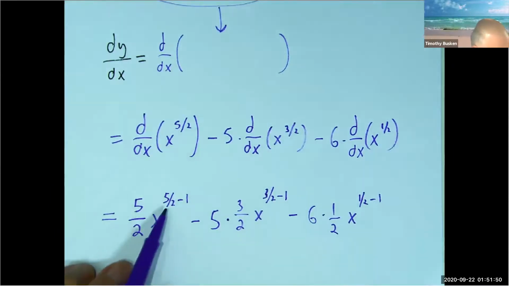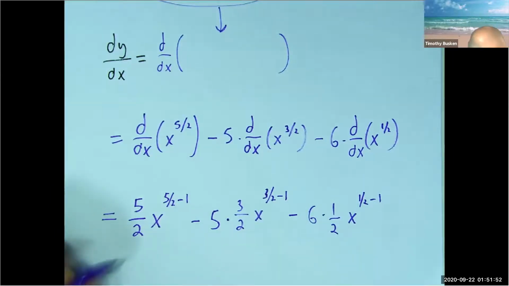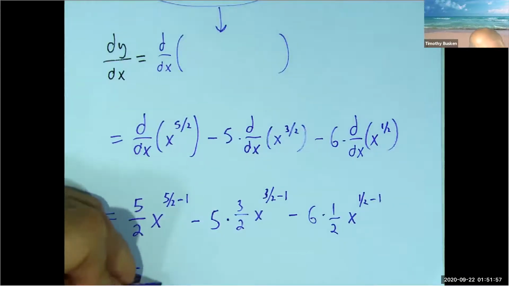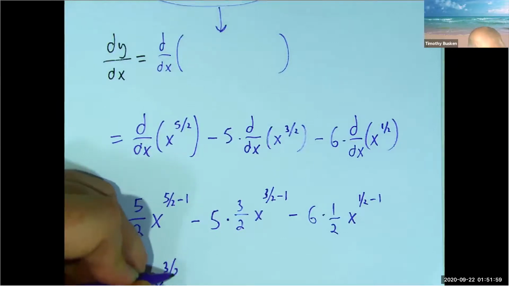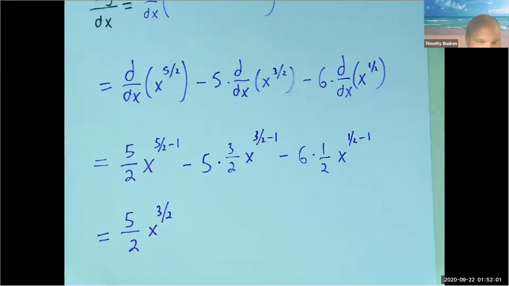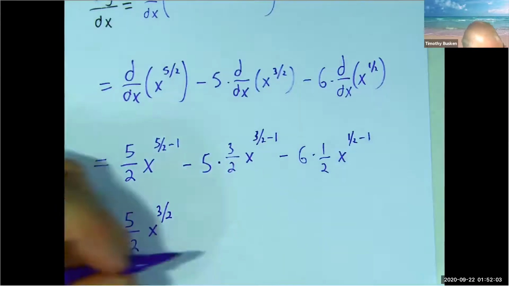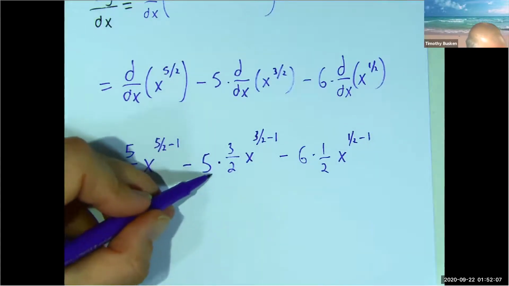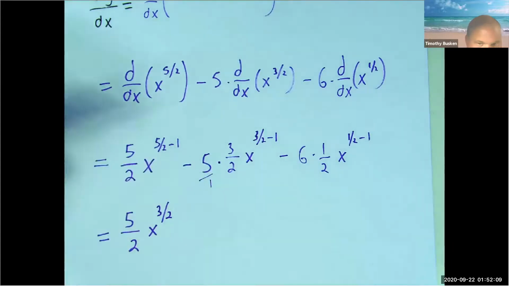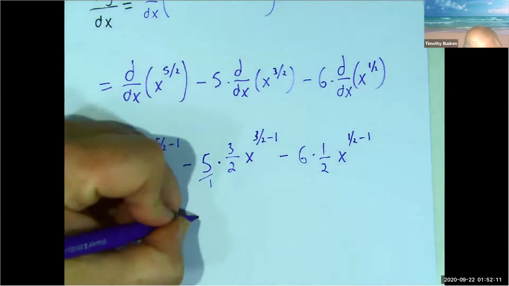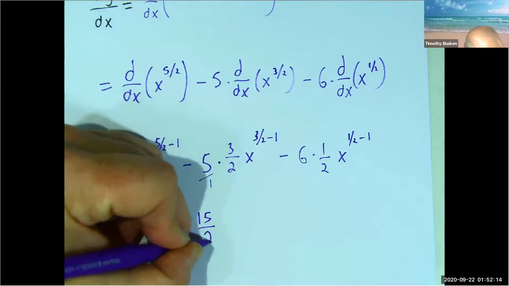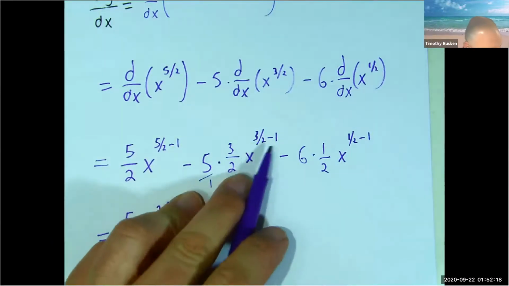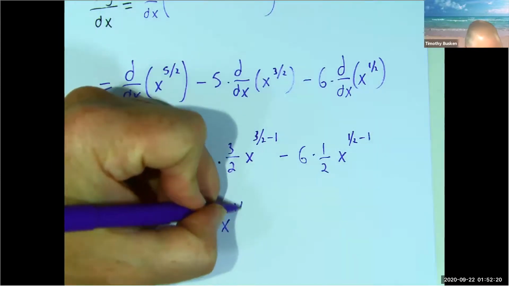Okay, 5/2 minus 1, that's going to be 3/2. So this is 5/2 times x to the 3/2 power. And then I can treat 5 like it's a fraction, 5/1, and multiply those two fractions, so I'm getting minus 15/2 times x to the 3/2 minus 1, which is 1/2.